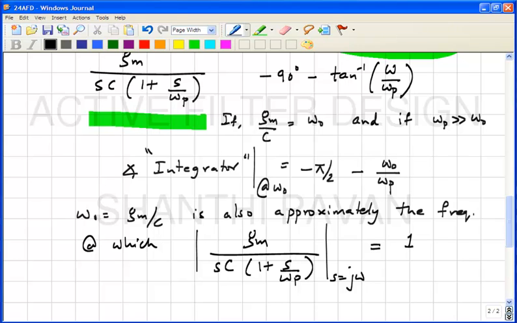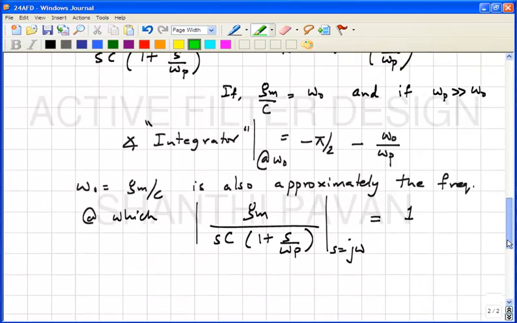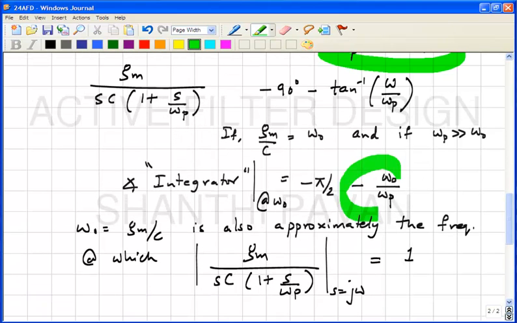Why is this justified? Omega p is much larger than omega naught, right? So at omega naught, to find the magnitude response, you can simply neglect the 1 plus s by omega p. Ideally the phase of the integrator was supposed to be minus pi by 2.